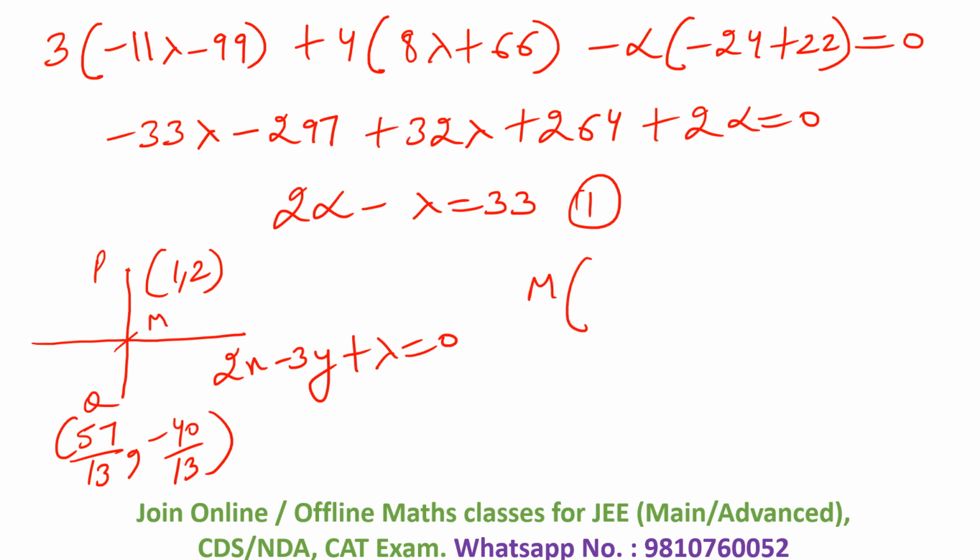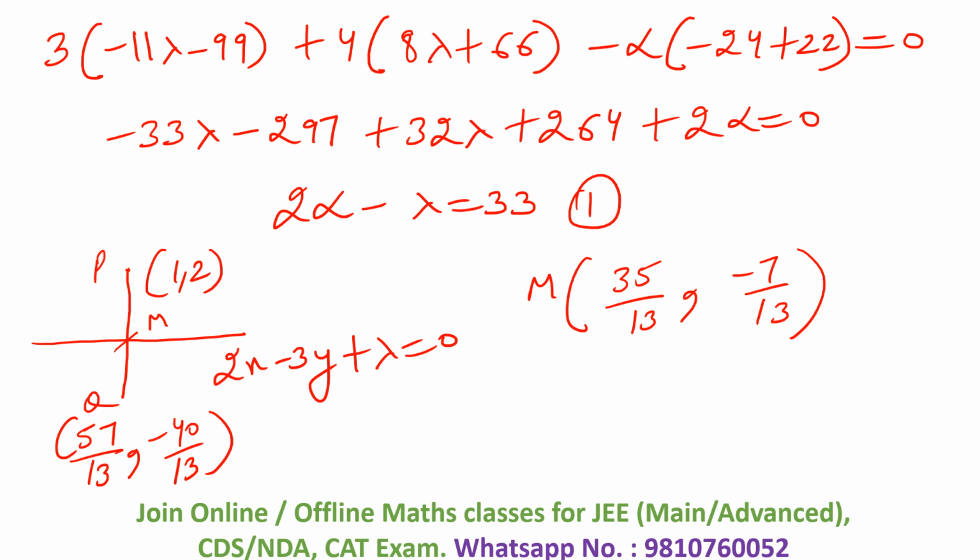It becomes (57/13 plus 1) divided by 2. So this is how much? This is 35/13, comma, (minus 40/13 plus 2) whole divided by 2. So this becomes how much? It is minus 7/13. Now these coordinates will satisfy the equation of the line.